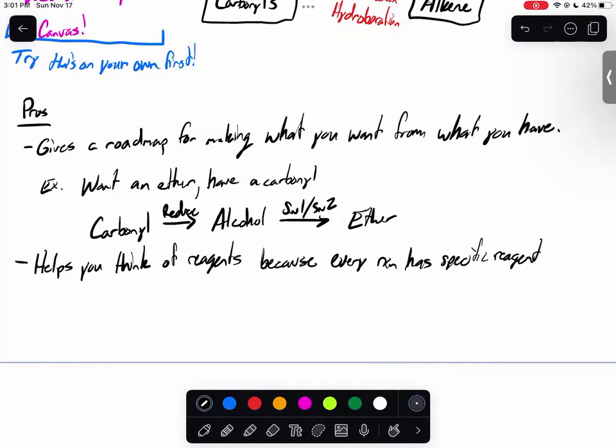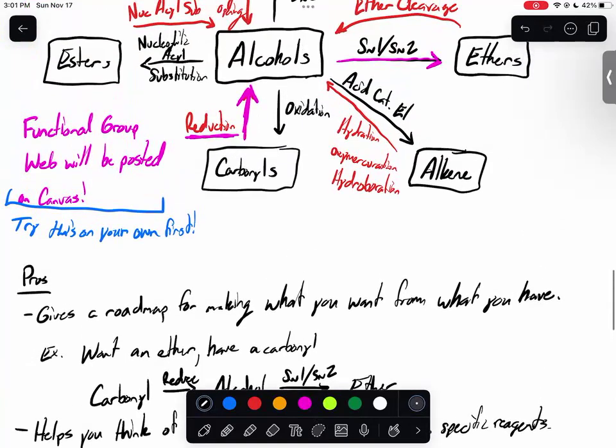So whenever you look at this roadmap and you see the word reduction, what is reduction? Well, it's using a reducing agent. A reduction can be done through sodium borohydride or lithium aluminum hydride, so knowing those helps us do these different reactions.